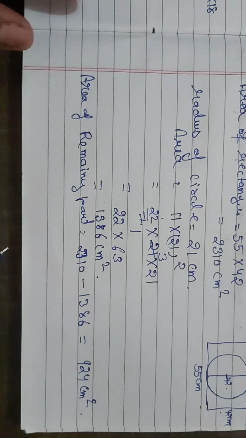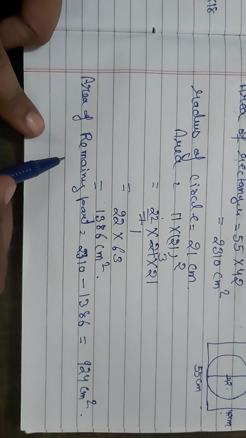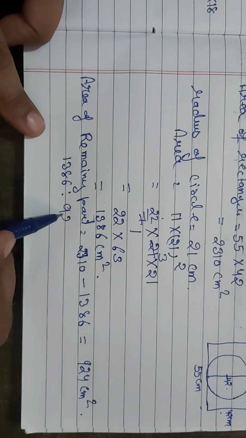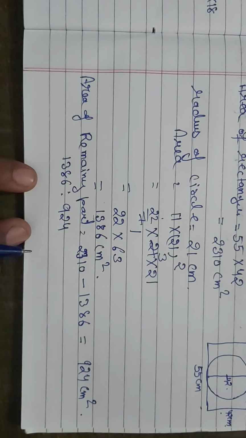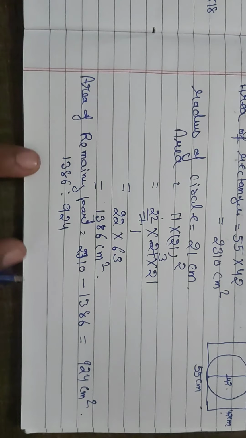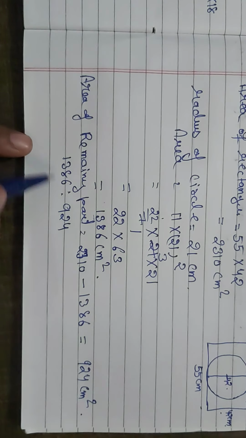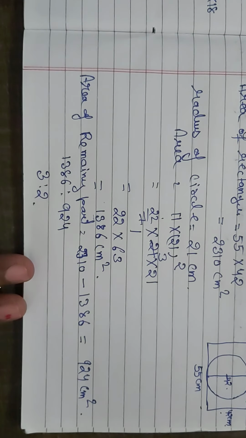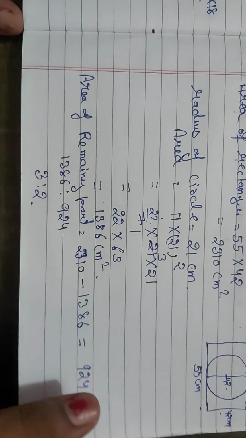Area of circle equals this, and the ratio with the remaining part is 9:4, and we find the ratio of this. If we solve this, then this equals 3:2.